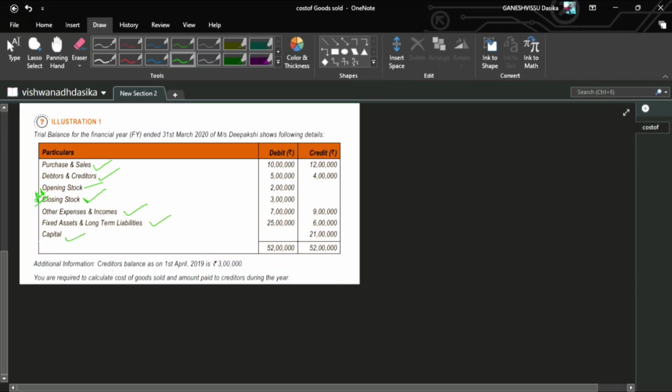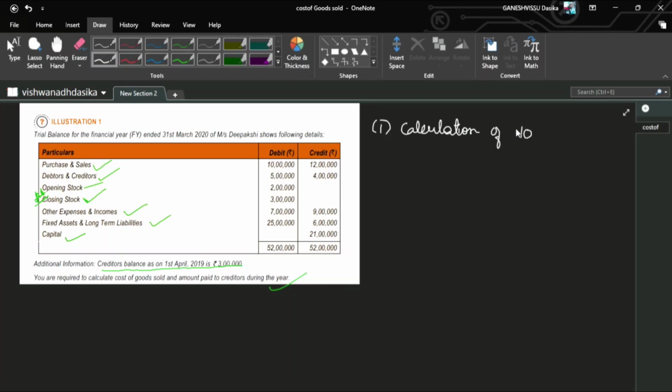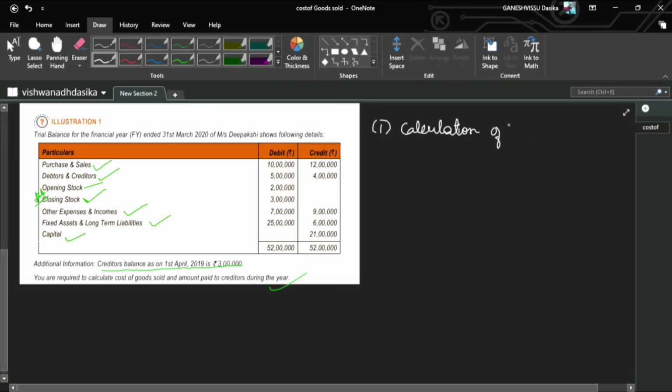As additional information, he has provided that the creditors balance as on 1st April 2019 is 3 lakhs. We are required to calculate the cost of goods sold and the amount paid to creditors during the year. First is the calculation of cost of goods sold.